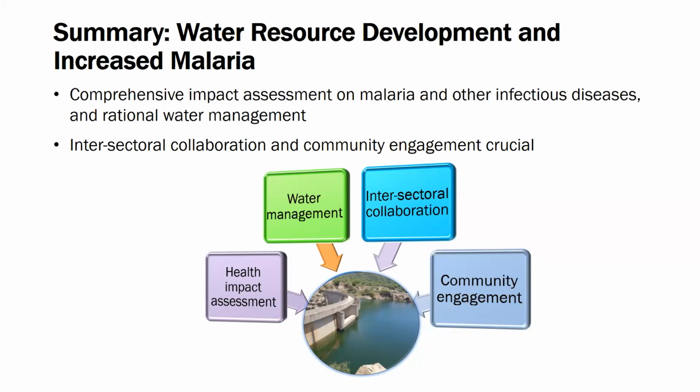Modeling work can help with risk assessment and with developing rational water management strategies to improve food security while controlling malaria and reducing health burden in the local communities. In this regard, inter-sectoral collaboration and community engagement are crucial.